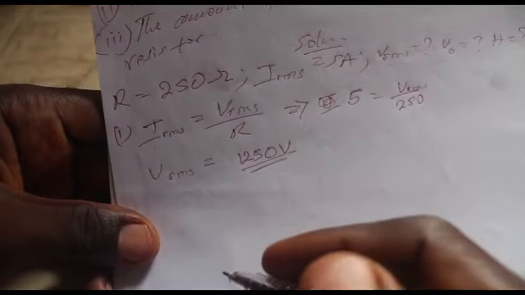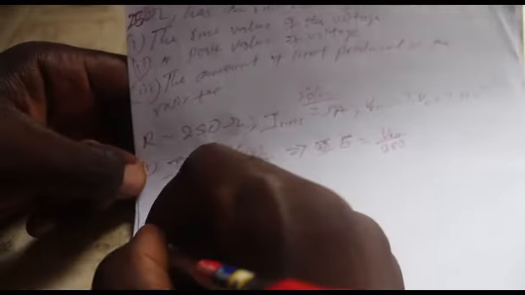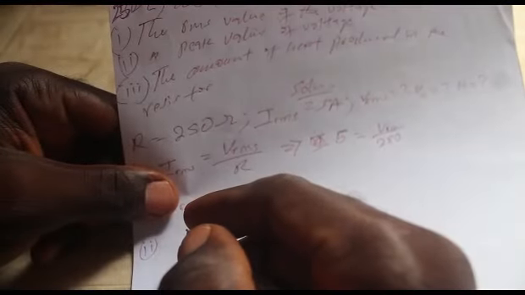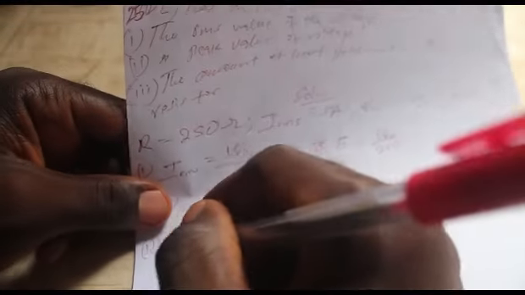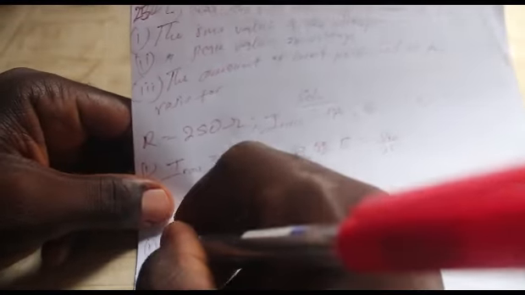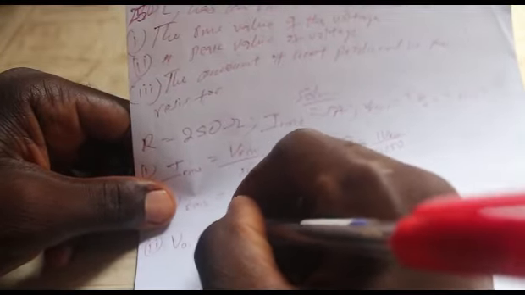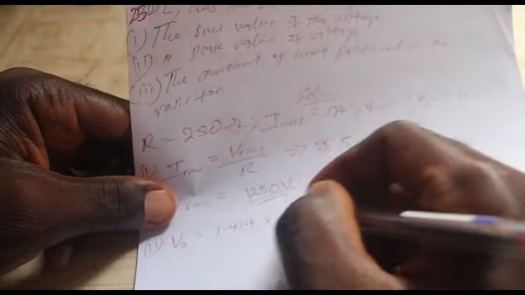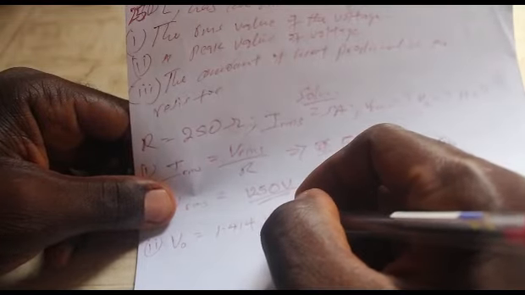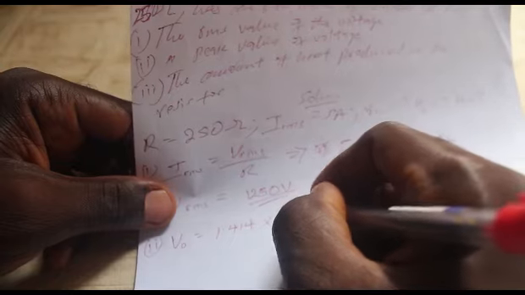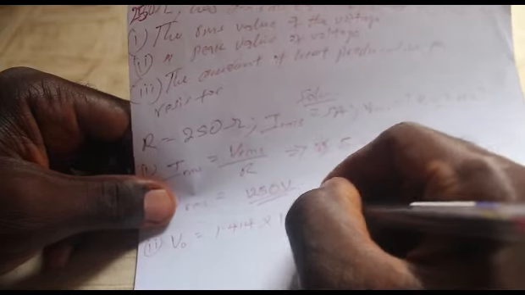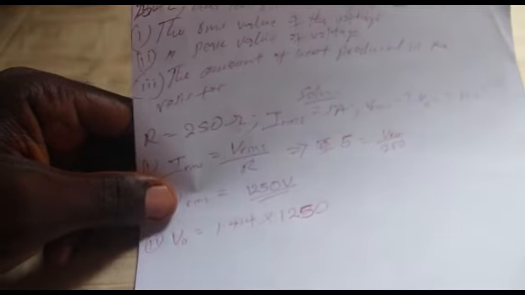Now, the second question. Find the peak value of the voltage. Now remember, the relationship between the peak and RMS values of voltage and also current too is something like the peak value V naught is equal to 1.414 times 1250 volts.